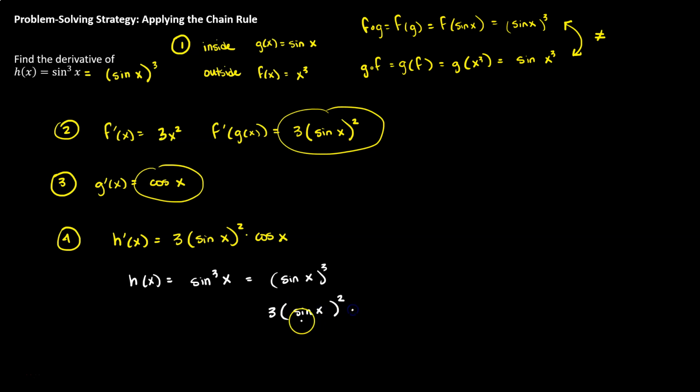And then I multiply by the derivative of the thing that I left inside. So with practice, you won't have to write out every detail for finding the chain rule derivative, but using these steps will help you think clearly through the process so that you can do this quickly later on.